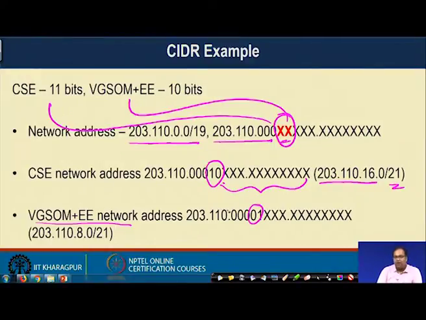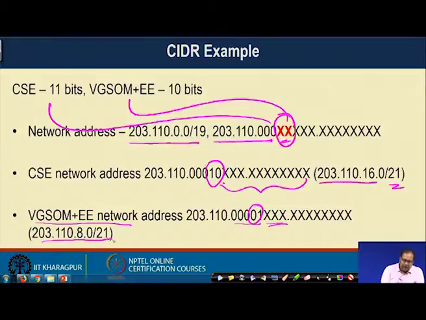So, I am avoiding all zeros and all ones here, and so the VG-SOM plus E network, that is the combination of those subnets, the supernet, has the address 203.110.8.0/21. So, 8.0 because this 0, this 1, and then again all zeros in the place of x, the way we get the network address for a particular subnet.